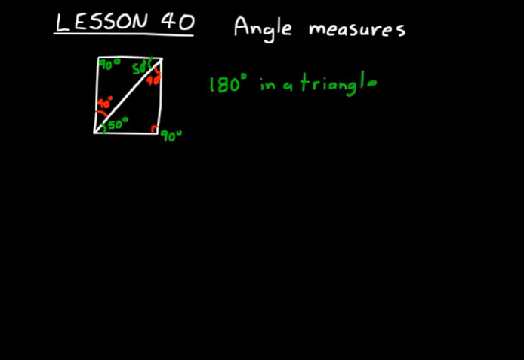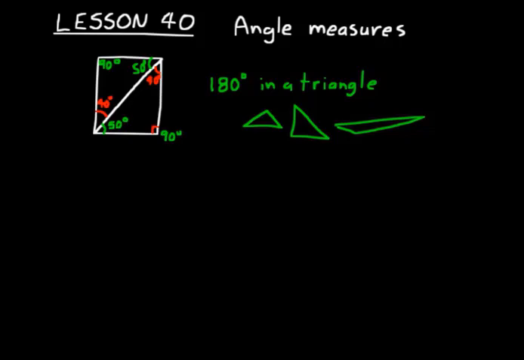Doesn't matter its shape, whether it looks like this, like this, like this. The sum of the angles, all three angles in any triangle, will add up to 180 degrees. To help you understand that concept more, you might want to do the activity that they have on page 272 and 273.